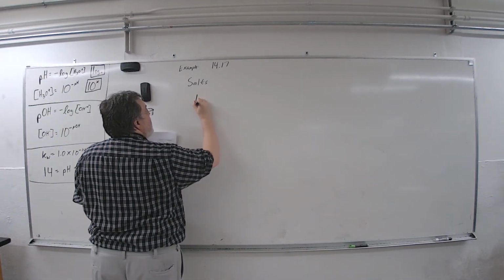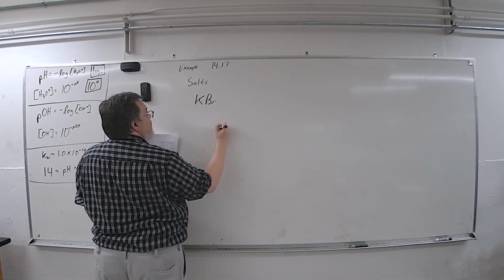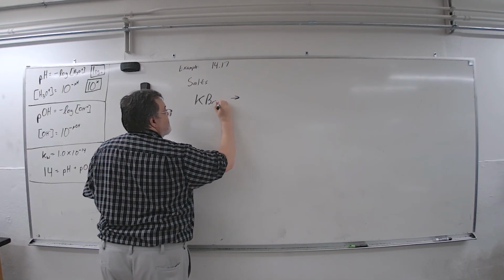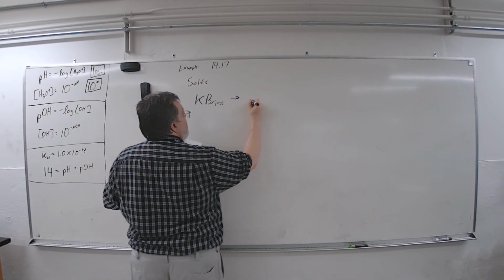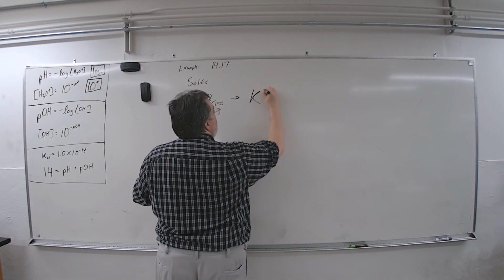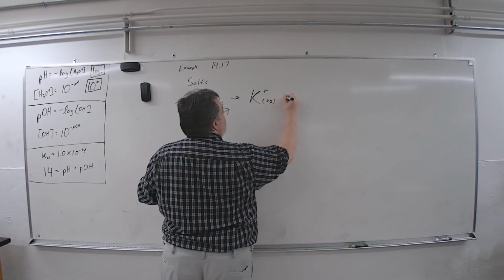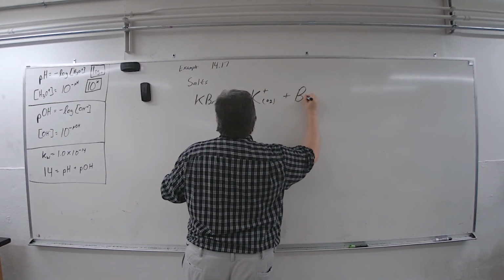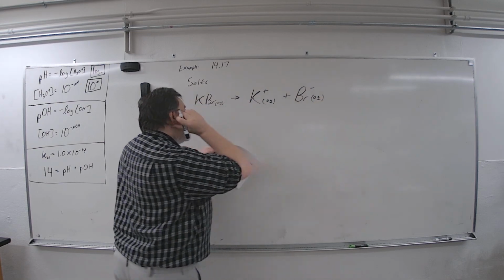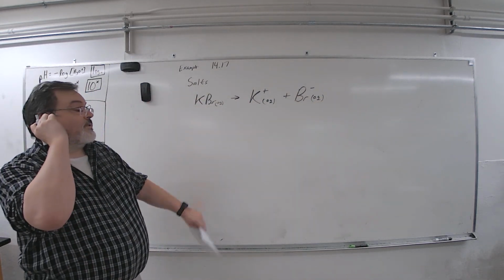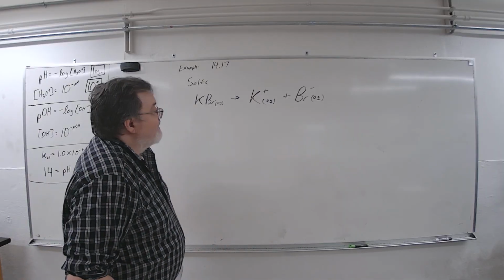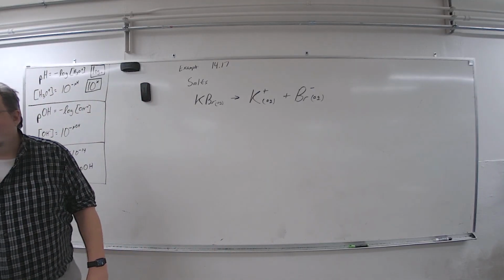If you put that in water, I guess I should say aqueous, but really it all goes away because it's perfectly soluble. You have K plus aqueous, and you have Br minus aqueous. But here's the thing, now you have K floating around in water, and you have Br floating around in water, and you have to wonder what those will do in the presence of water.